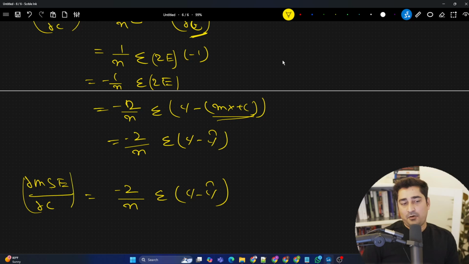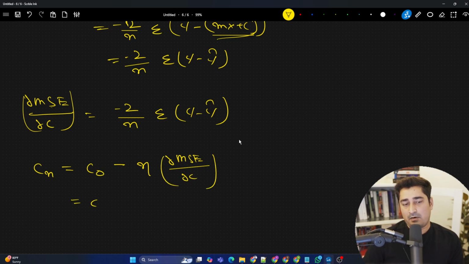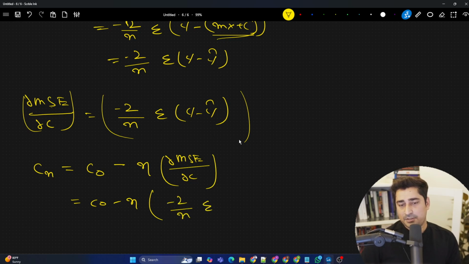Now, if I'm able to find out this partial derivative, I have to find out the new value of c. So new value of c is nothing but old value of c minus learning rate into dMSE by dc. This one. So now I can rewrite eta, and this I can try to use: eta times minus 2 by n summation of y minus y hat.